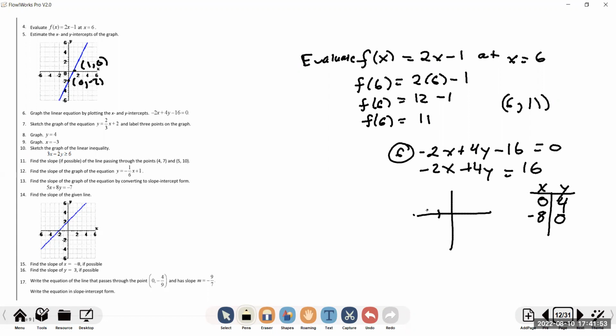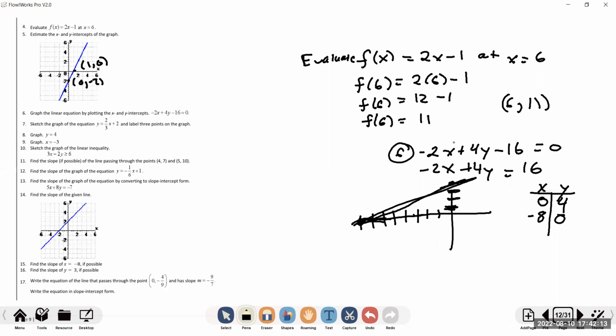So we want 2, 3, 4, 5, 6, 7, 8, and 1, 2, 3, 4.